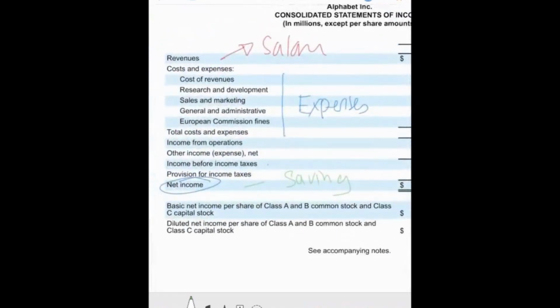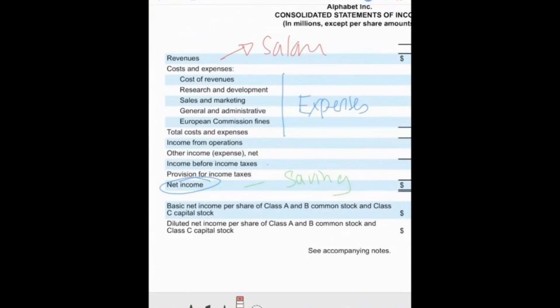If you look at the financial statement, the revenue is actually your salary. Over here, all your expenses are your expenses. Whatever you left behind after paying the tax, your net profit here, is your saving. So you can see on your personal level, this is how it should look: your salary, your expenses, and your savings.